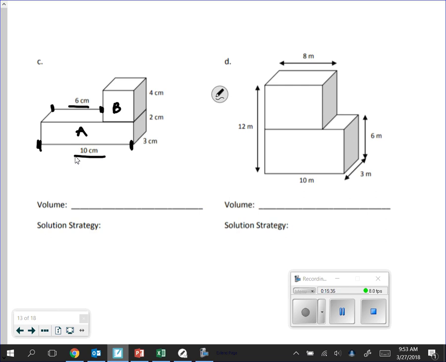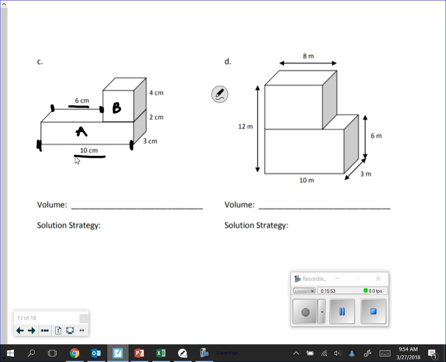So think about, why is the 6 there? It's important that it's there. It's going to help you, but why is it there? Serena, why is it there?